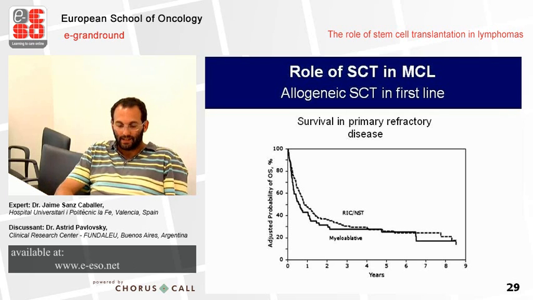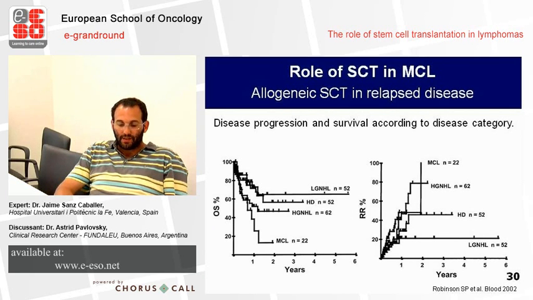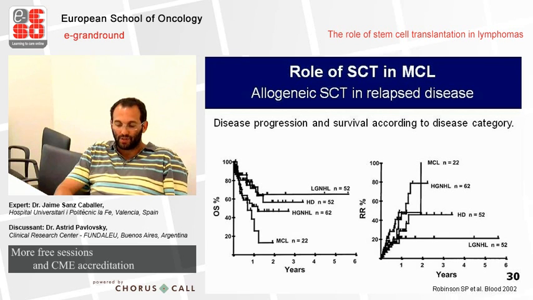Next slide. Results suggest that allo transplant may be of limited benefit in patients with relapsed disease who have been extensively treated previously. However, the European Group of Bone Marrow Transplantation presented their experience with reduced-intensity allo.